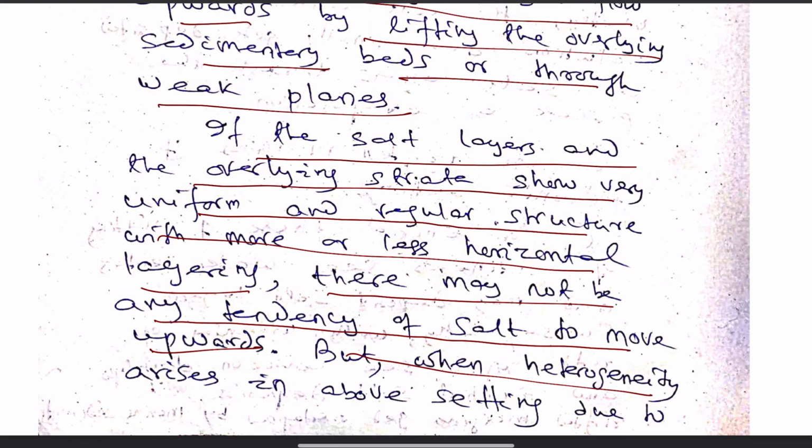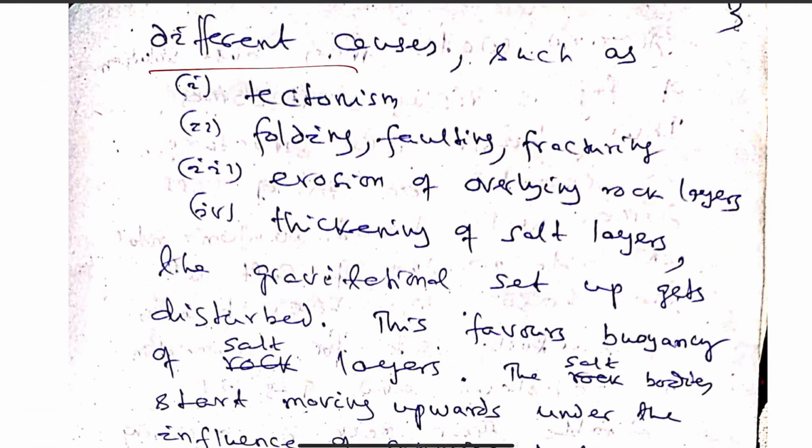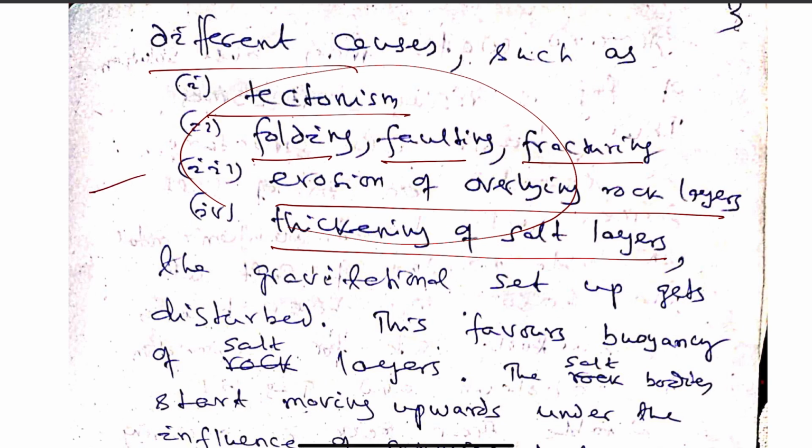But when heterogeneity arises in the above setting due to different causes such as tectonism, folding, faulting, fracturing, erosion of the overlying rocks, thickening of the salt layers, these conditions upset the balance in which the layered rocks, salt, sediments, salt, sediments, occur in a layered manner.